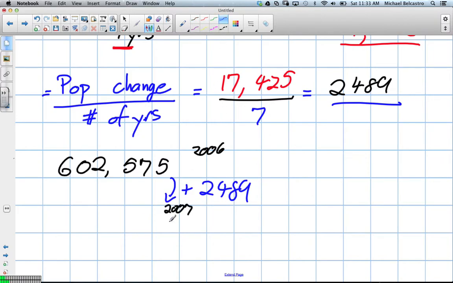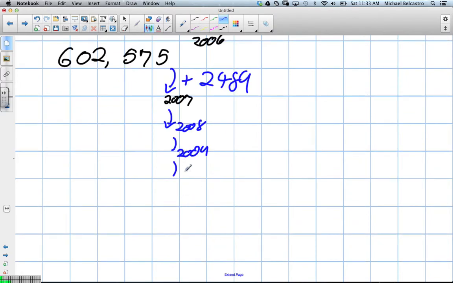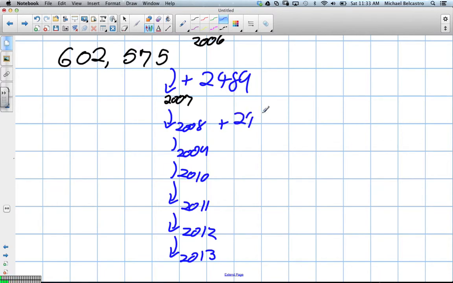And then we could do this for 2008, 2009, 2010, 2011, 2012, and then in 2013. We could repeat this process, continuously adding this number. So how many times are we going to add it? 1, 2, 3, 4, 5, 6, 7.